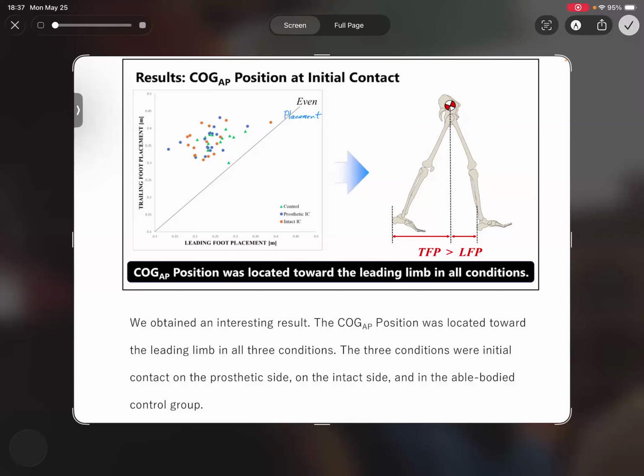So according to this graph, trailing foot placement exceeds leading foot placement. Yes, always. Oh well, even in normal people walking normally. A little bit. Yeah, okay, trailing.